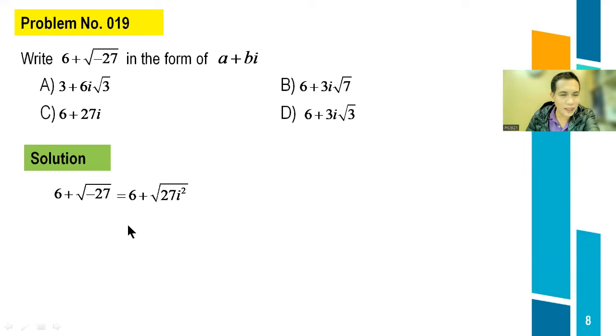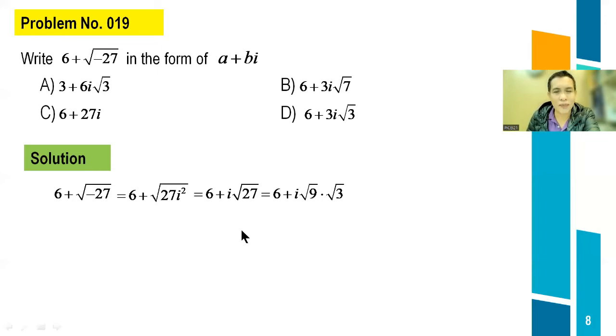Then after that, this is equal to 6 plus i times the square root of 27, because the square root of i squared is i. So we have now the square root of 27, which is now positive. Okay, then after that, 6 plus i, the square root of 9 times square root of 3. We know that the square root of 27, we have one perfect square, which is 9.